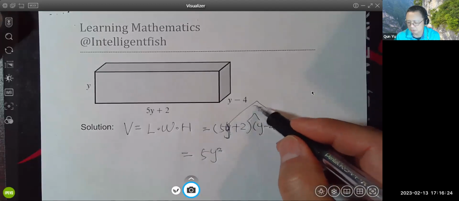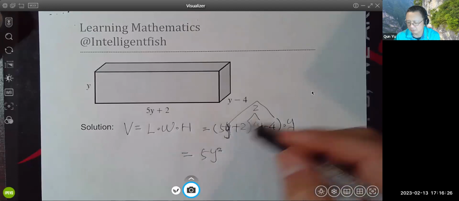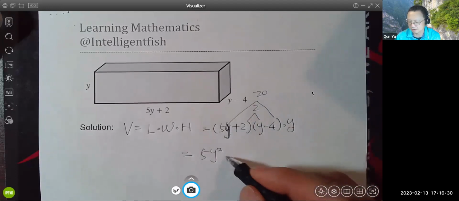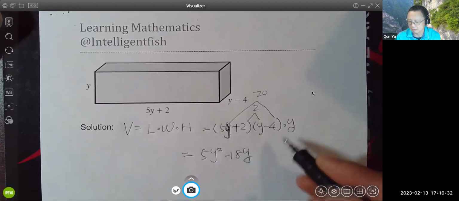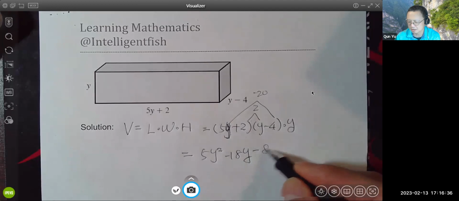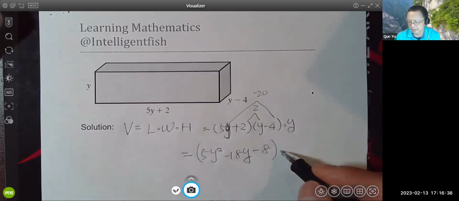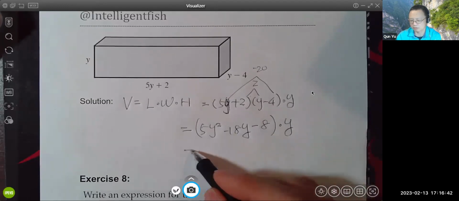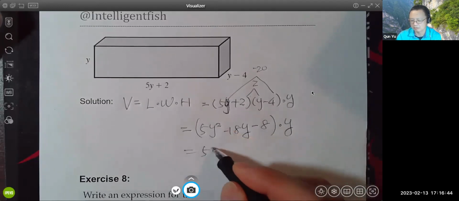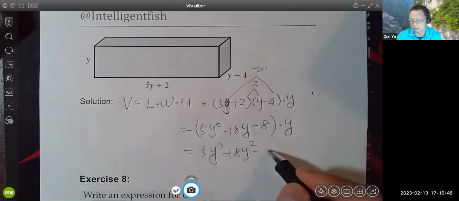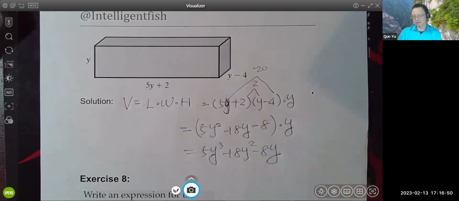This is the positive 2, and the other one is negative 20. So negative 18 in total for y. And number times number gives you another number, that's minus 8, and multiply by y. So everything has one more y, just increase the y exponent by 1. Y cubed minus 18y squared minus 8y. So that's the final answer.